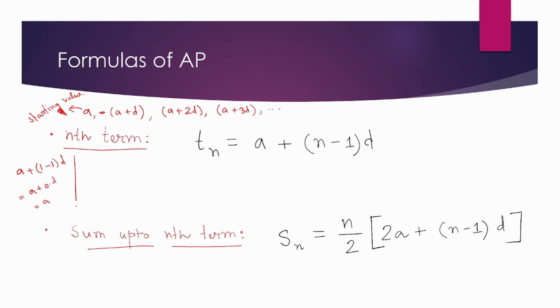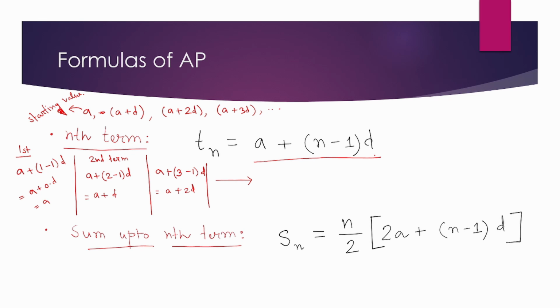For the second term, we can write this as a plus 2 minus 1 times d, right? Because you can see this value is nothing but a plus d. Then what would be the third term? The third term would be a plus 3 minus 1 times d, which is a plus 2d. So defining in this way, we can get the nth term as a plus n minus 1 into d. So this is how this formula actually works.